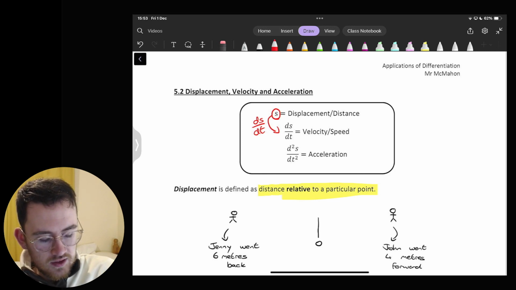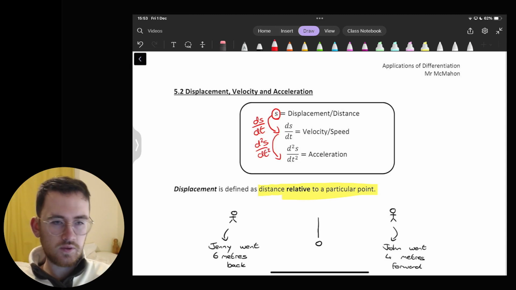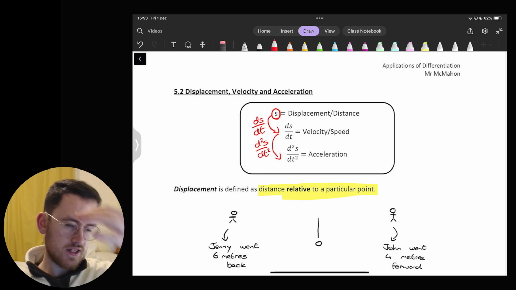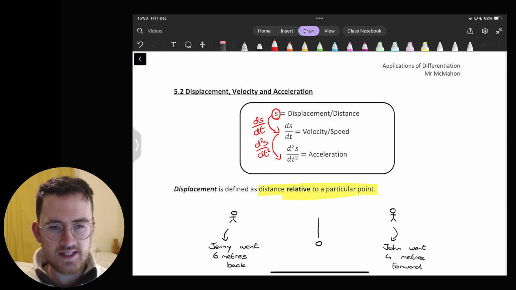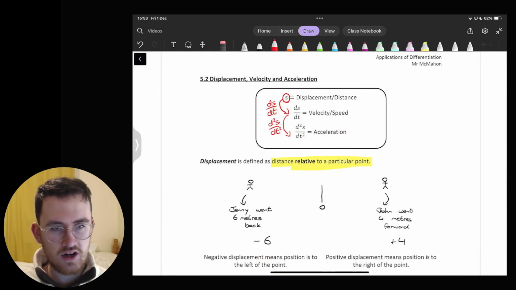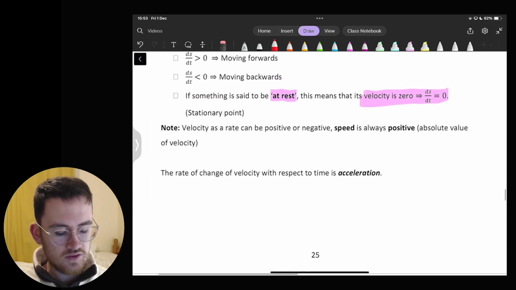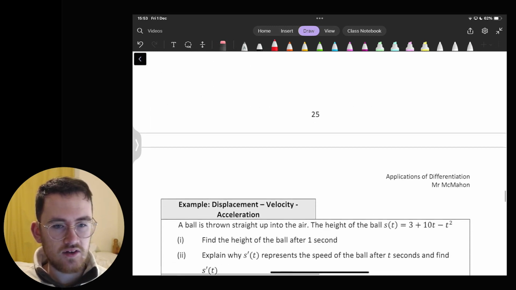If I start with my velocity and differentiate that, the rate at which it is changing with respect to time is my acceleration. So we can relate displacement, velocity, and acceleration through differentiation, and it's very important that you have that relationship in your head at all times with these questions. So the rate of change of velocity with respect to time is acceleration.